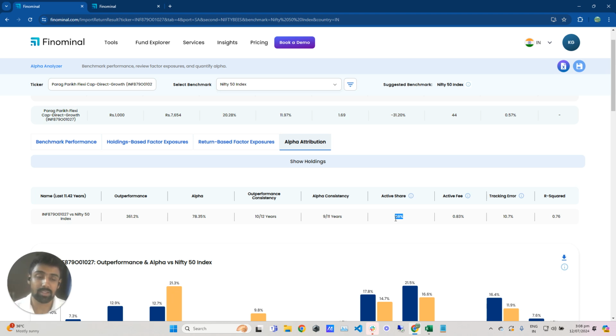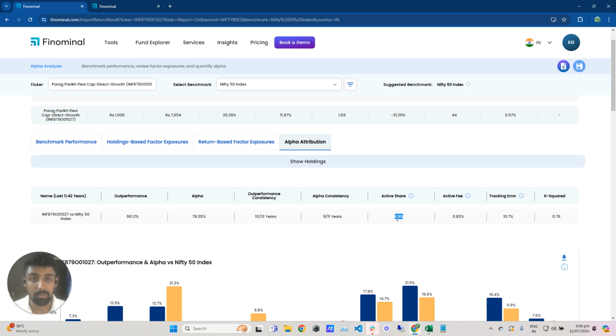Active share basically tells you how different your fund is from a benchmark. An active share of 100% means that there's no overlap at all. It's completely different from the benchmark. So it's 70% different from the Nifty 50 benchmark, which is a lot, right?